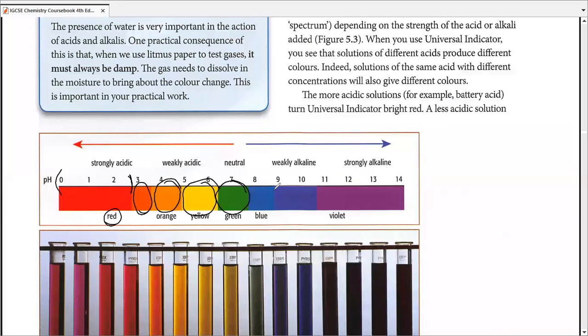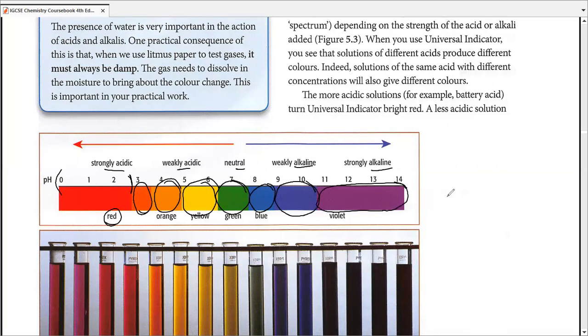Then there is blue, weakly alkaline is indigo, and then there is violet, a big range of violet, all the way from 11 to 14. We categorize these as strongly acidic, weakly acidic, neutral, weakly alkaline, or strongly alkaline. That's a good way to bifurcate them, and you would also see different colors in different shades at the bottom.